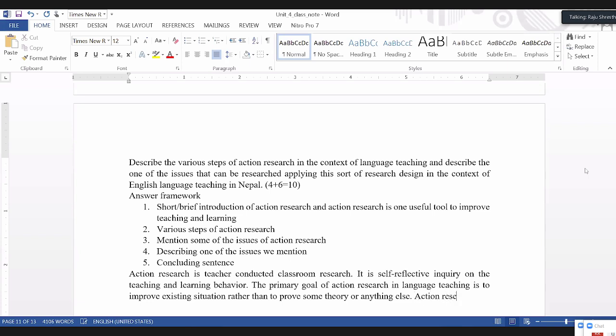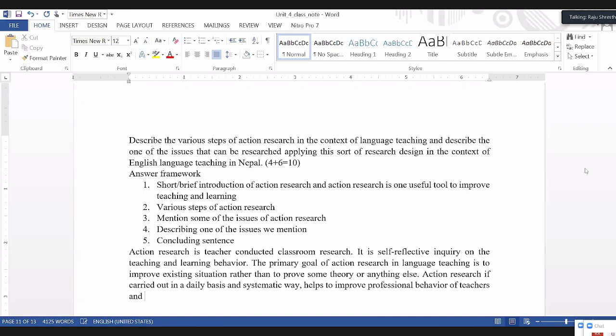Action research, if carried out on a daily basis and in a systematic way, helps to improve the professional behavior of teacher and students, and facilitates students' learning process.